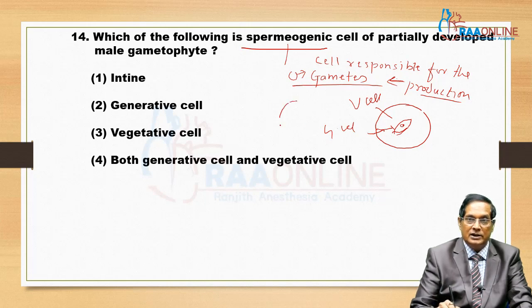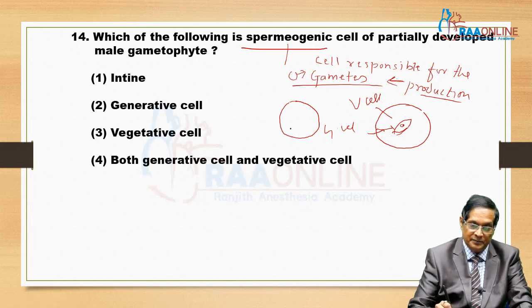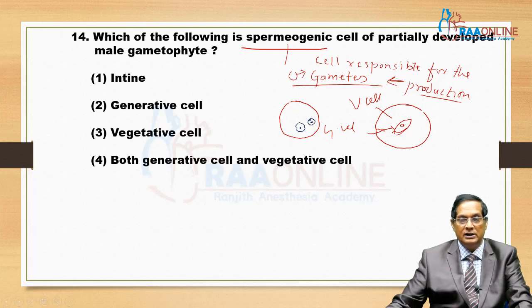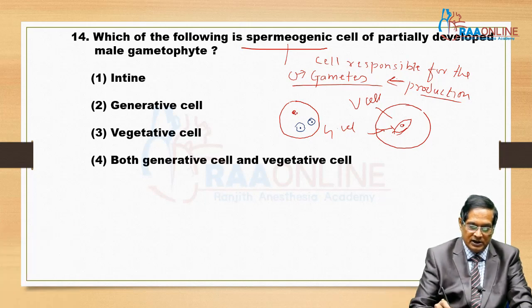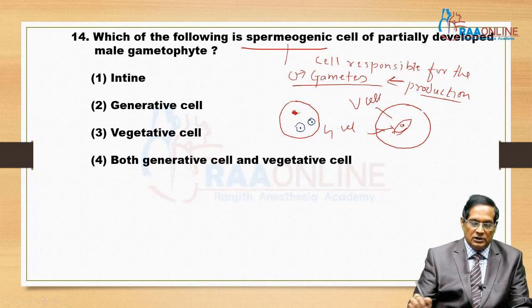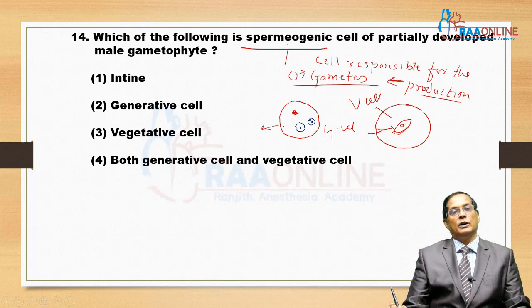There is a mitosis in generative cell, which results in the formation of male gamete. Hence generative cell is spermiogenic. And you also see that this vegetative cell in future forms pollen tube.